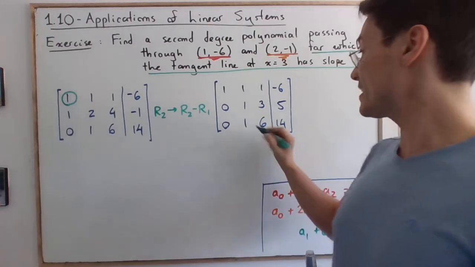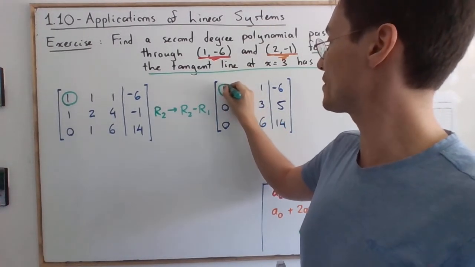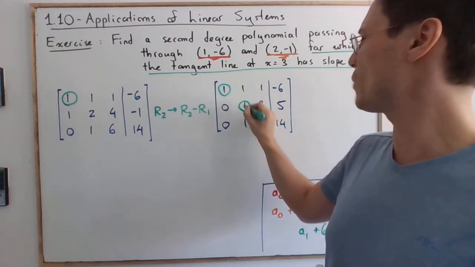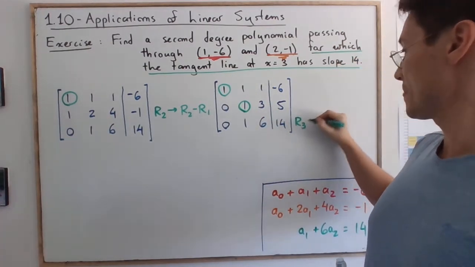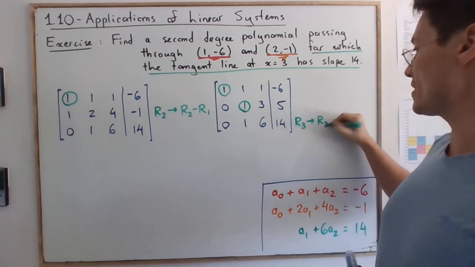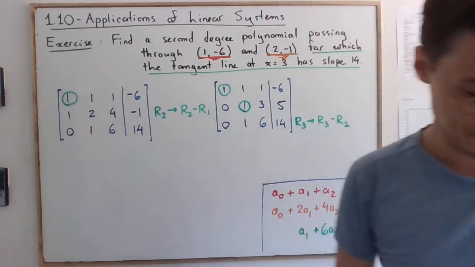Then after that, as you can see, we will create a pivot over here. We have a pivot here already. We want a pivot over there. So we will change row 3. That will become row 3 minus row 2. And I will write the matrix right here.